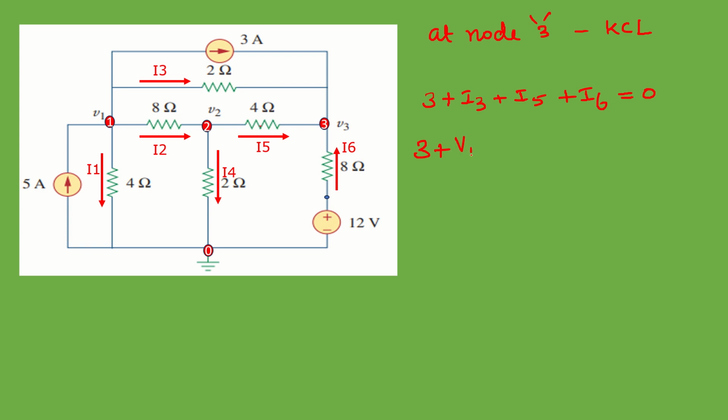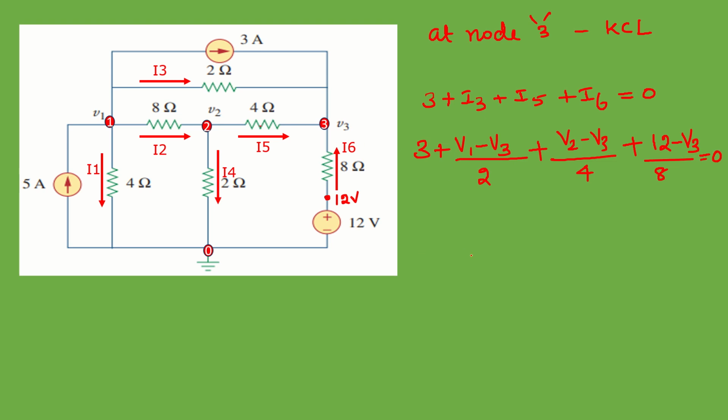So 3 plus what is I3? By applying Ohm's law, it is V1 minus V3 divided by 2 ohms, plus I5 is V2 minus V3 divided by 4 ohms, plus I6 is, at this point we have this plus 12 ohms. Okay, so it starts from there only. So it is 12 minus this V3 divided by 8, that is equal to 0.